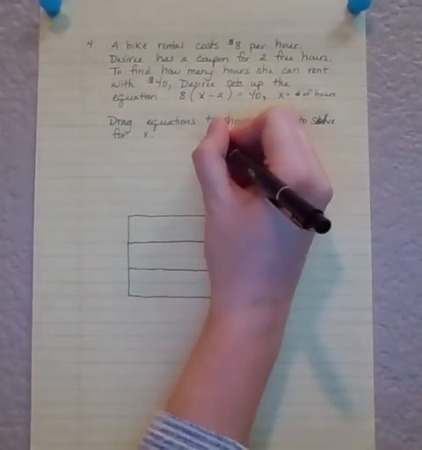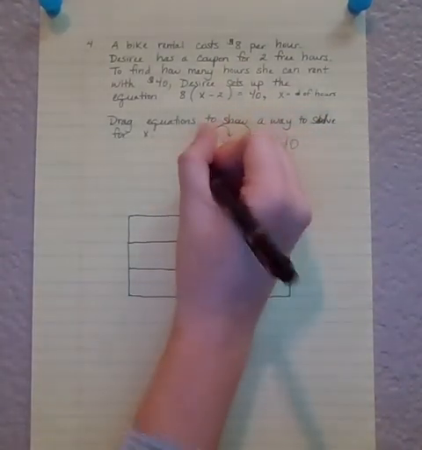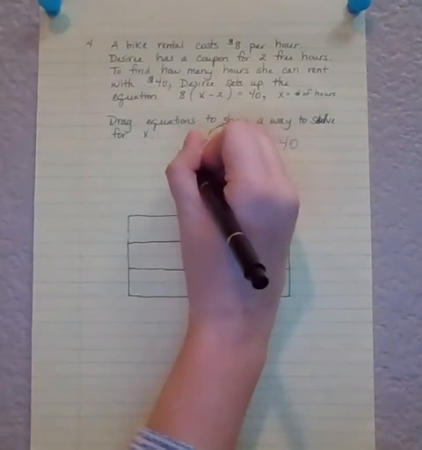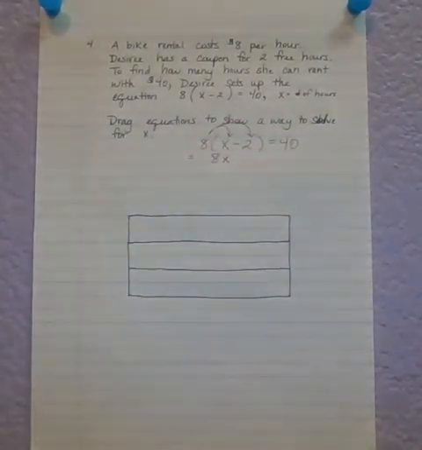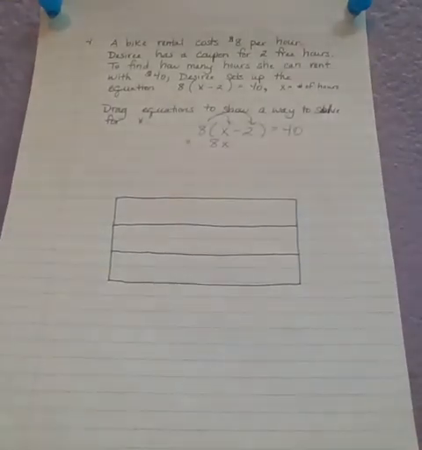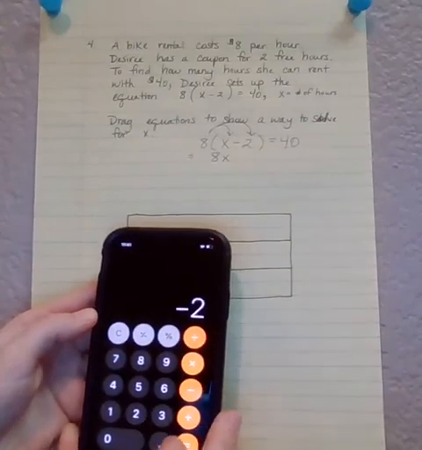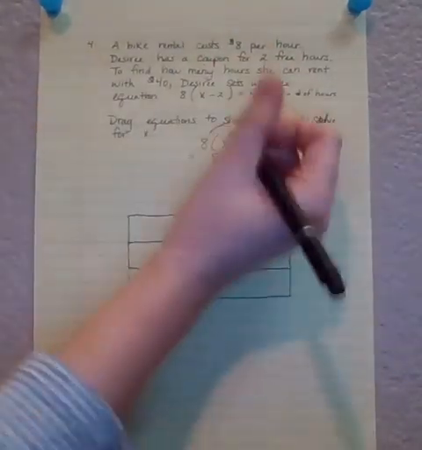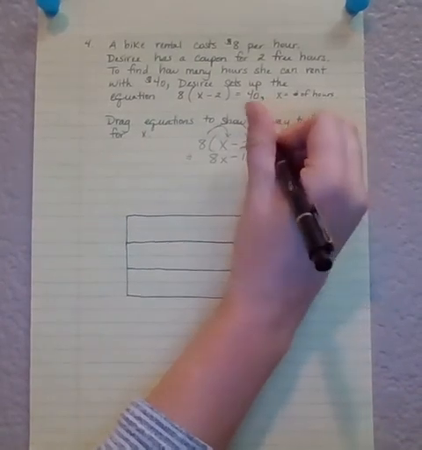So first step, distribute. 8 times x gives me 8x. 8 times negative 2. So I'm going to do minus 16 equals 40.